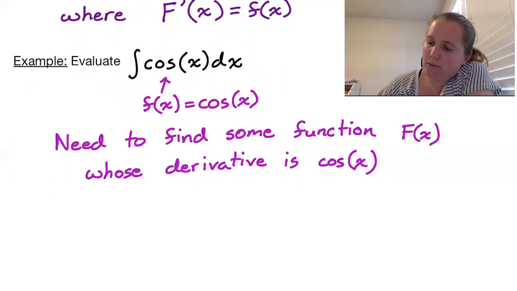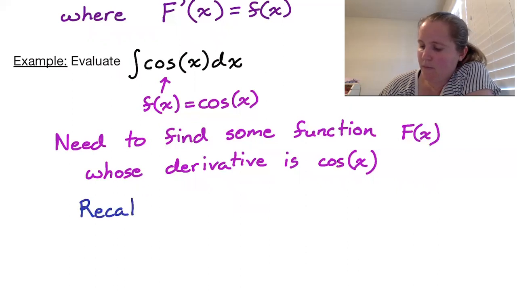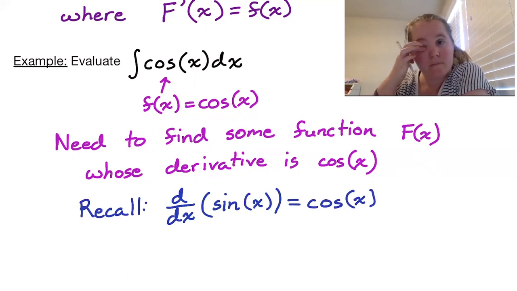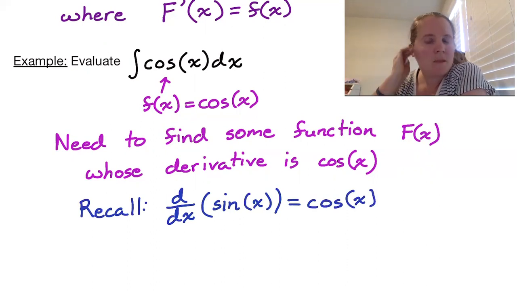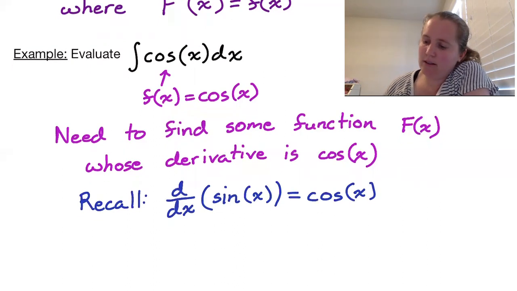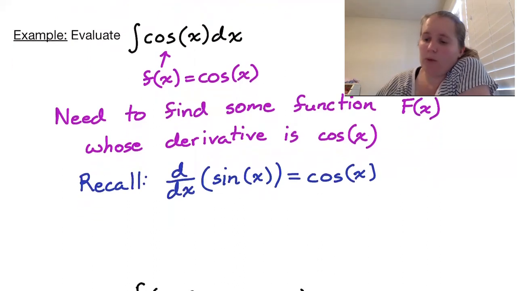So from here, recall, if we think through our trig derivatives, that the derivative of sine of x was indeed cosine of x, which is precisely what we wanted.